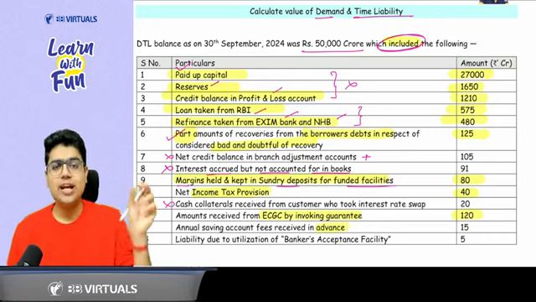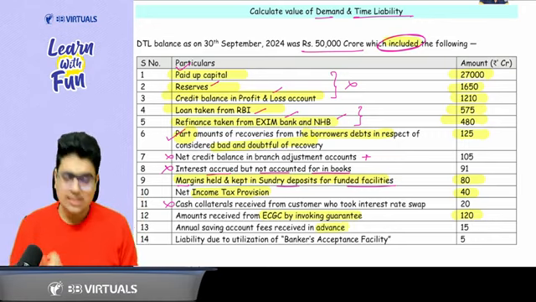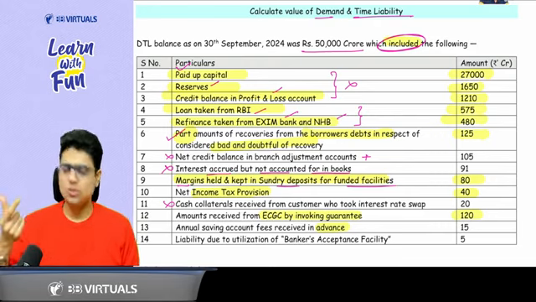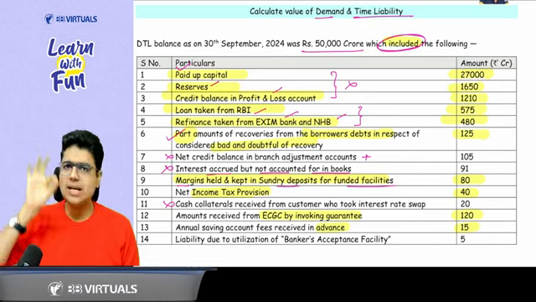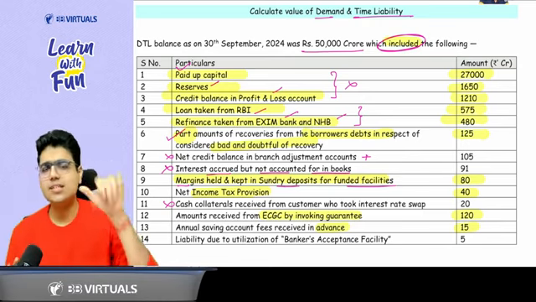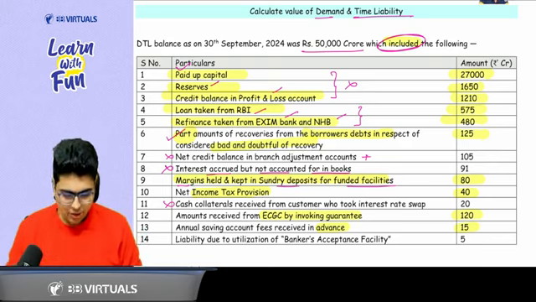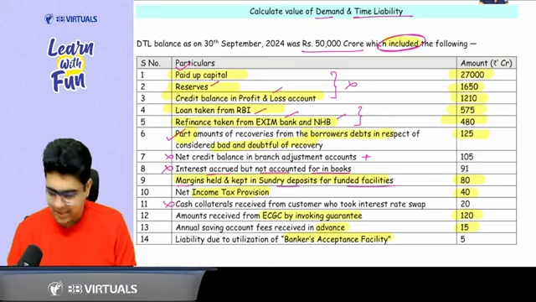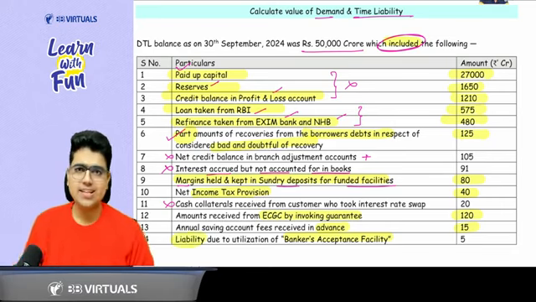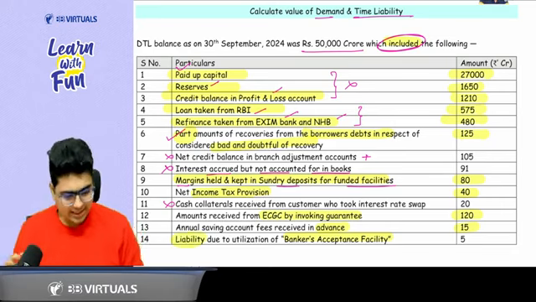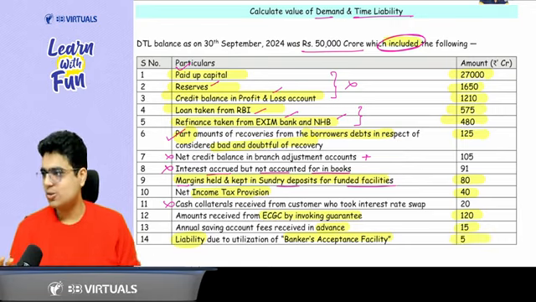A for advance. This income needs to be excluded from the liability because this advance is not payable again by the bank. And the last point, bankers acceptance facility liability. B for Buddy, B for bankers acceptance facility. This will also be excluded.